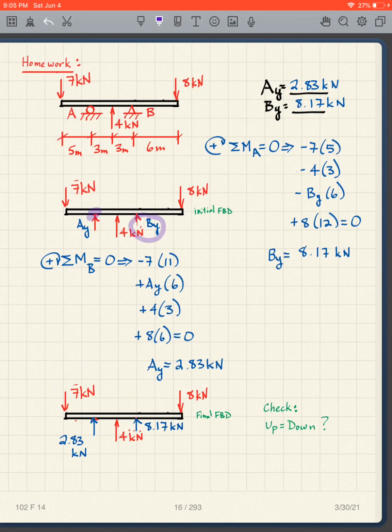I've got BY times 6. I've got 8 times 12. Now, are they positive or negative? This one, it's going to go counterclockwise, so it's negative.